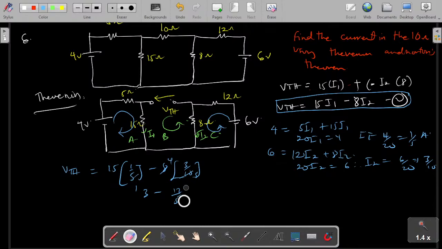So since we have 12 over 5, we are going to have 3 minus 12 over 5. So please punch it into your calculator to get a fraction.